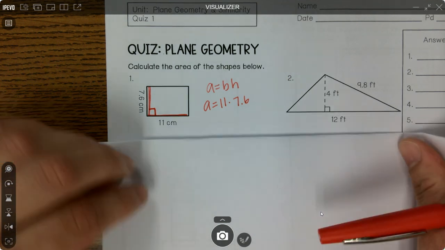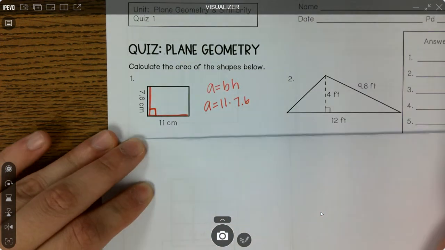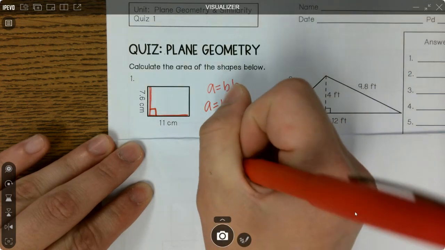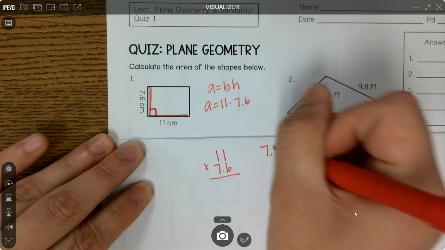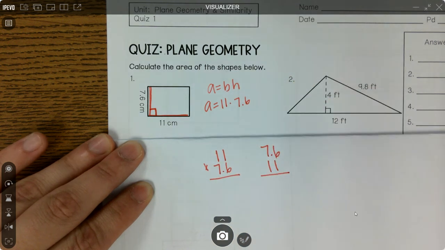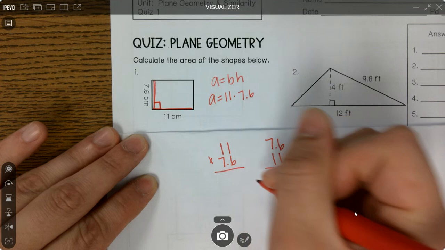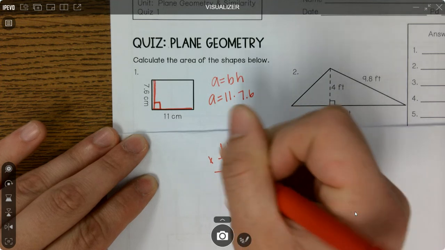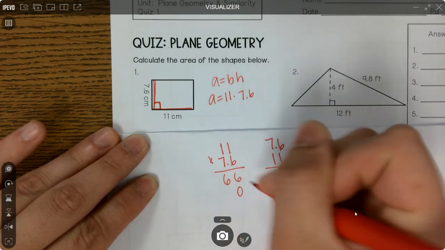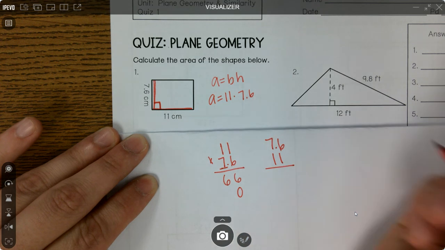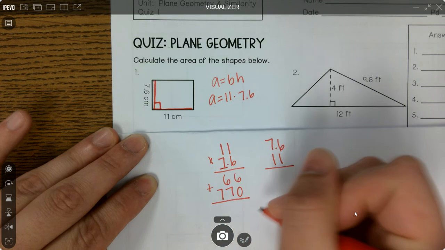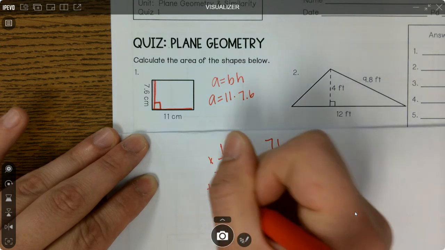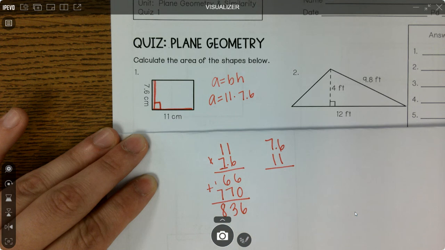Okay, so if I set this up, I can set it up in any order. I'm just going to set it up like this, but we could have done it like this. It doesn't matter. So when I do this, I'm going to say 6 times 1 is 6, 6 times 1 is 6, drop a 0, I'm multiplying the tens place, 7 times 1 is 7, 7 times 1 is 7, I add my partial products together, 836.